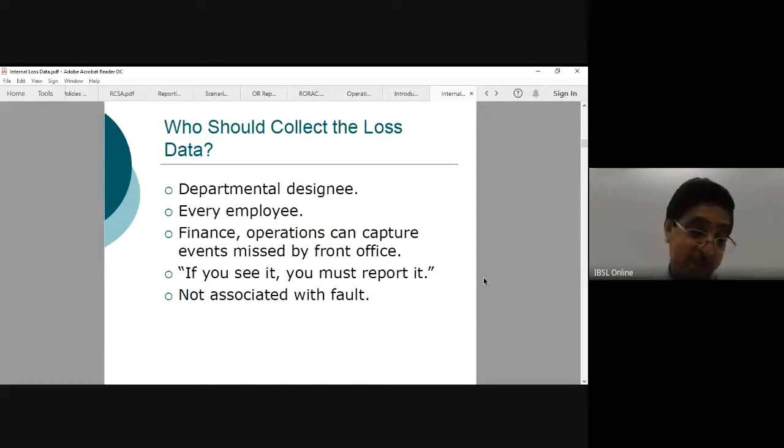So this is the culture you have to really inculcate. If you see some type of discrepancy or whatever, it can be reported. Why are we going to do that? Because we can really get the idea and do the needful as quickly as possible.